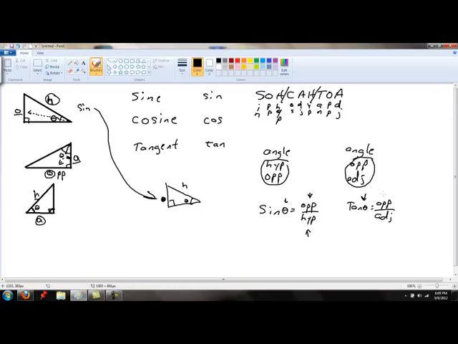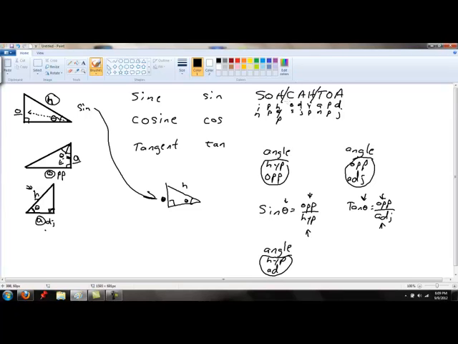Anyway, once again, three variables. As long as we know two of them, in this case it sounds like we did, we can solve for the triangle. And this last one down here, we have the hypotenuse, we have the adjacent, and once again the angle. Looking at the sides, we have the hypotenuse and the adjacent, the H and A. Now we use the cosine.